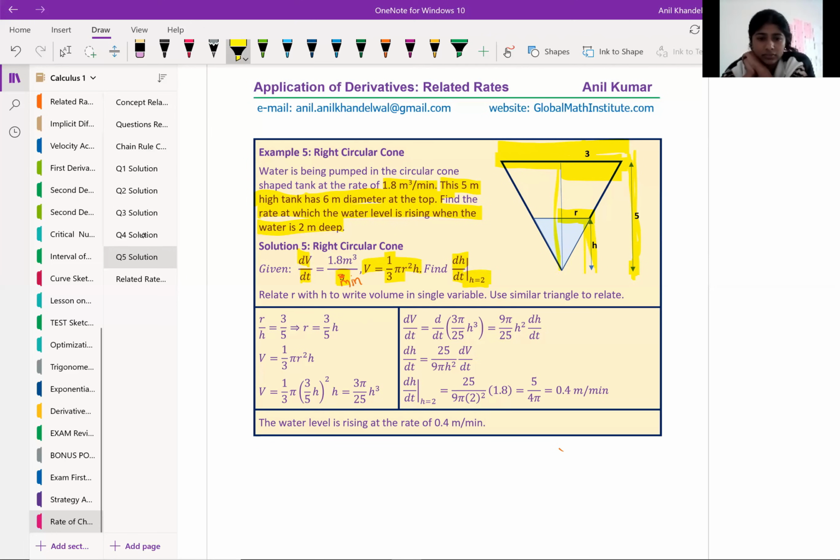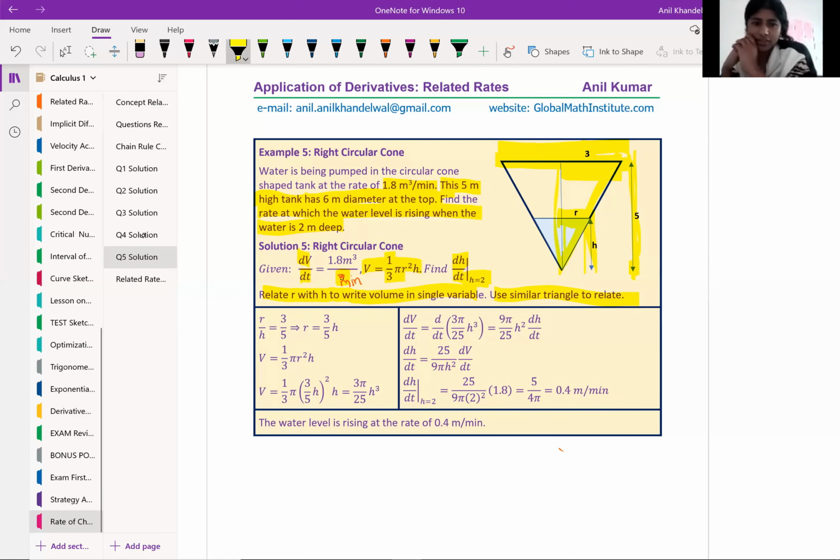This bigger triangle is similar to the smaller triangle, so the ratio of their corresponding sides is a constant. From there, we begin our solution. So the important point here is to relate R with H to write volume in a single variable, and we are using similar triangles to relate them.